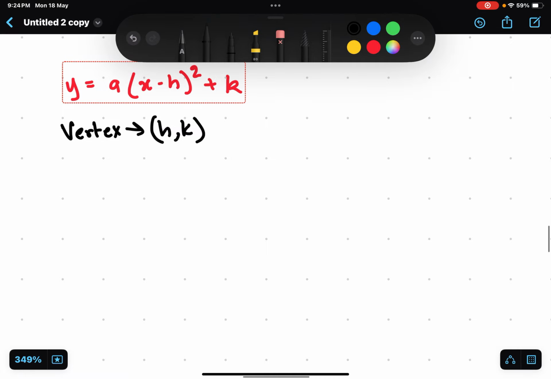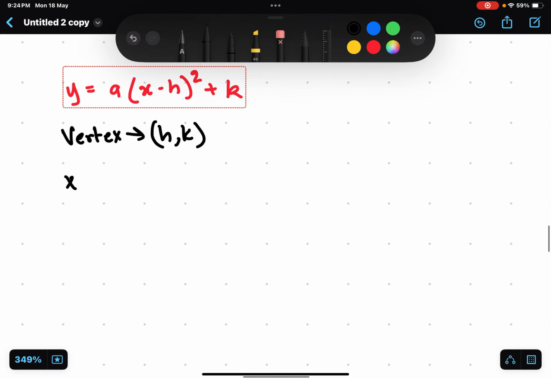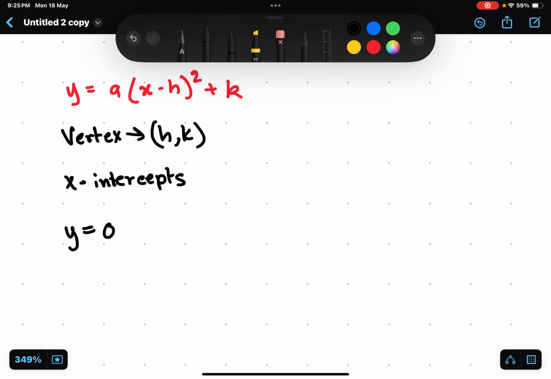Then you want to find your x-intercepts. You can find the x-intercepts by setting y equal to 0, right? And that's when you will find your x-intercepts.